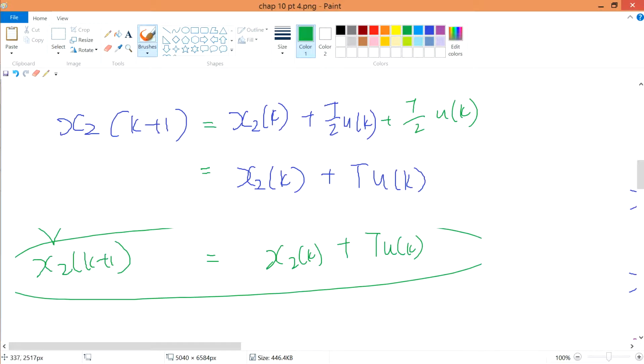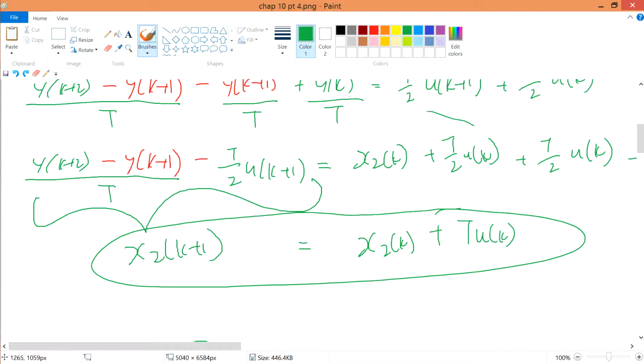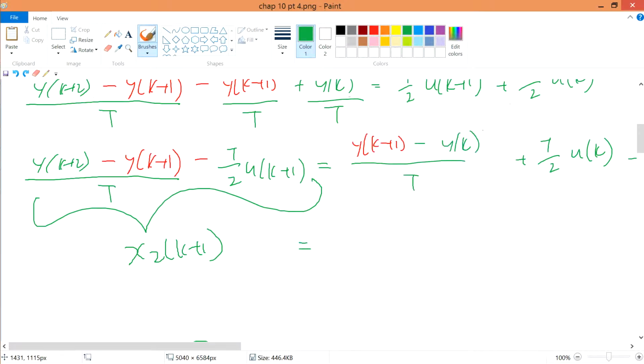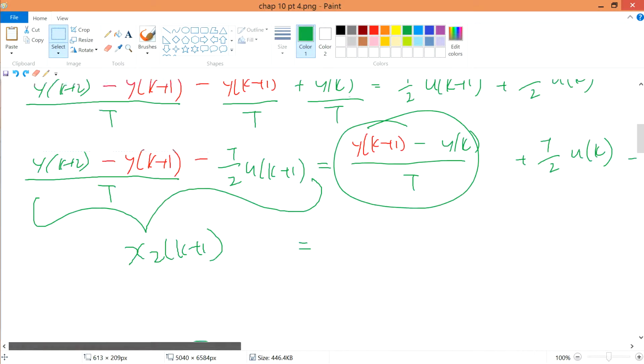Your x2k plus 1 is equal to this one, while this one over here is this one. So think about it, this thing is the form that comes from here. So I will simply rearrange this thing into this form. I'll just write down the steps now.